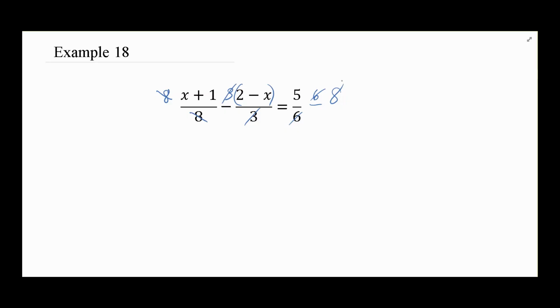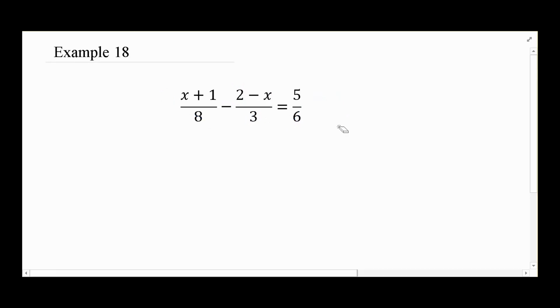So what we'd like to do is to say, if I could multiply both sides of my equation by all the denominators, that would be great. But that might be a really big number, so we don't want something that big. We just want to make sure that an 8 is in that number, a 3 is in that number, and a 6 is in that number. By definition, that is your least common denominator.